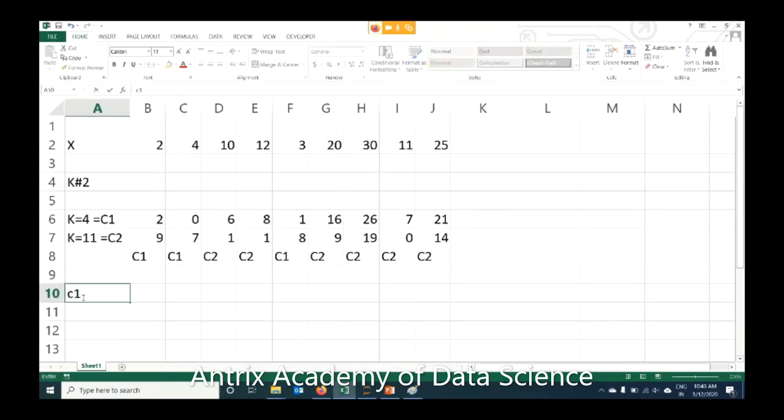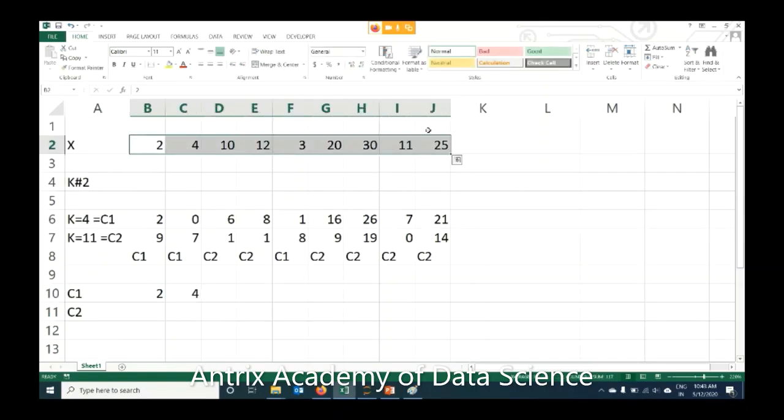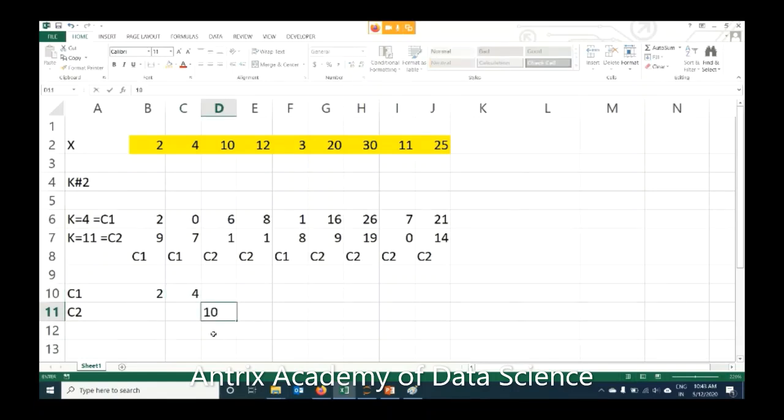If I say C1, how many values am I getting? 2 is in C1, and subsequently 4 is also C1. These are my x values, and I use these values for making the clustering. Next is C2: 10 will go in C2, then 12 will go in C2, 3 would go in C1, and 20 would go in C2.